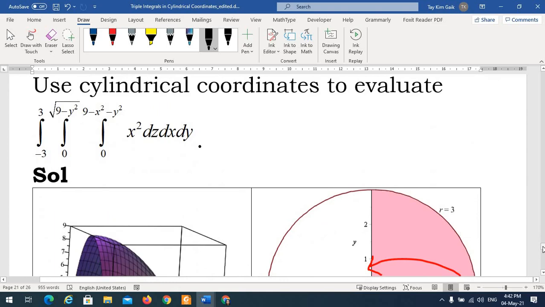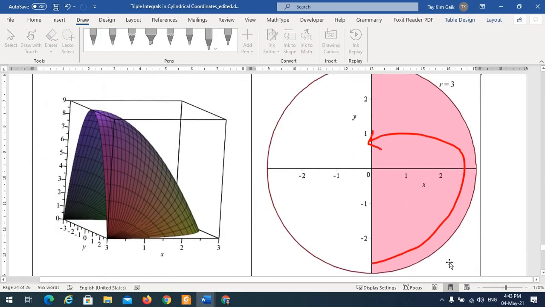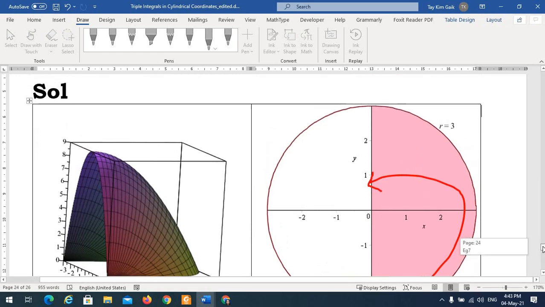And then you see, if I put dx first, we just look at the dx dy, because dx dy will tell you the region R. X from 0 until square root of 9 minus y squared. So exactly here, you have two quadrants, because x equal 0 is on the y-axis. It's like your tutorial question.